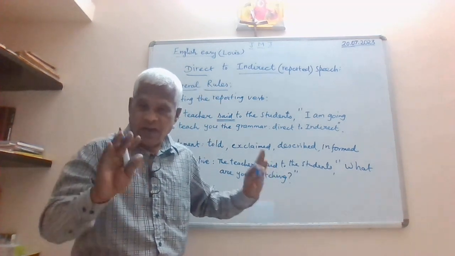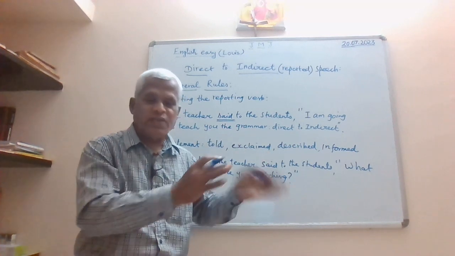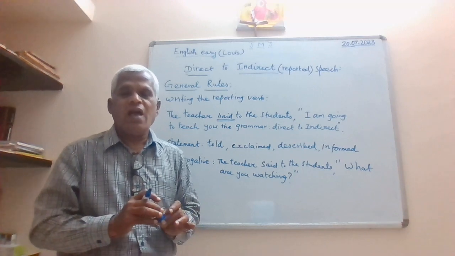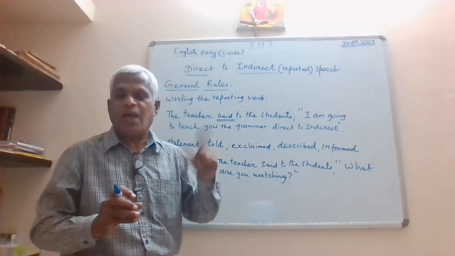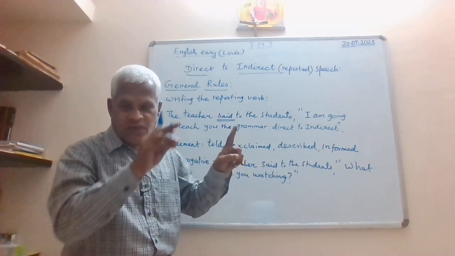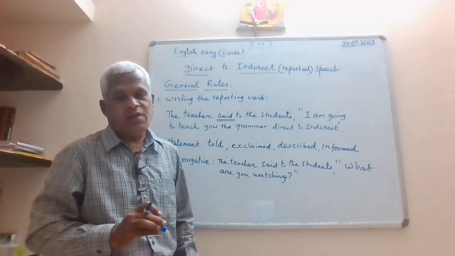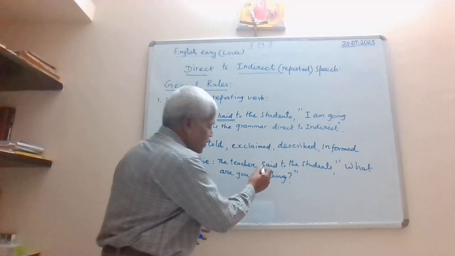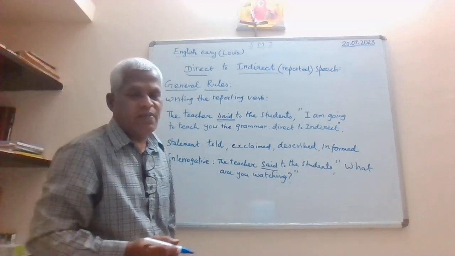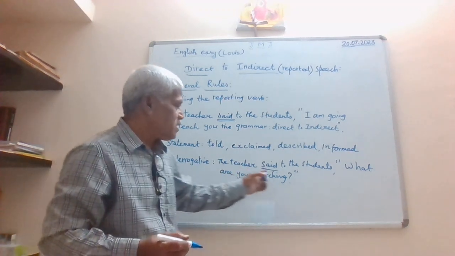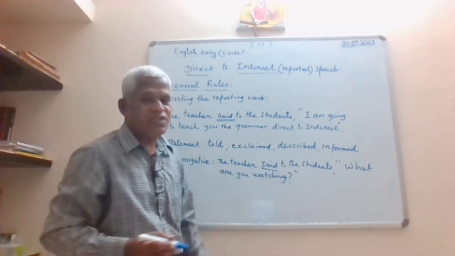Now I have not come to any transformation or changing here. I am just trying to help you understand how the reporting verb can be written according to the sentence given within the inverted commas. Now for this, what is the reporting verb we have? Instead of said, you can write here, the teacher said to the students, "What are you watching?"